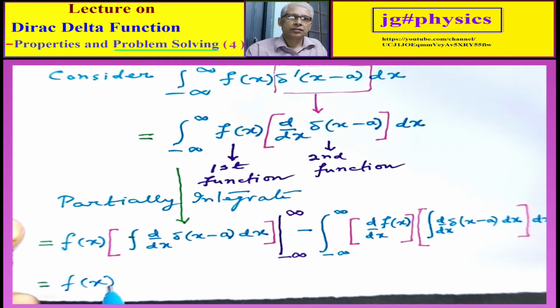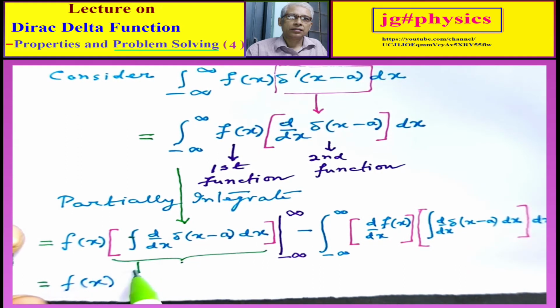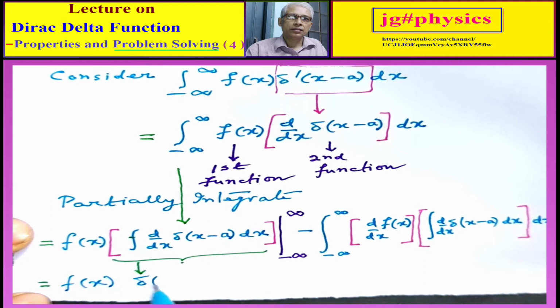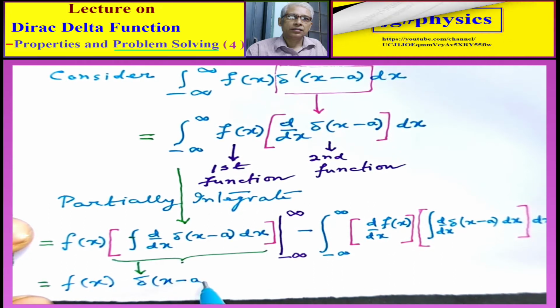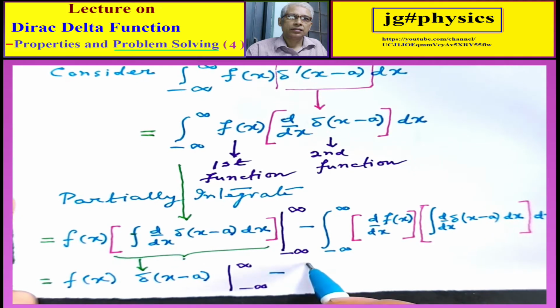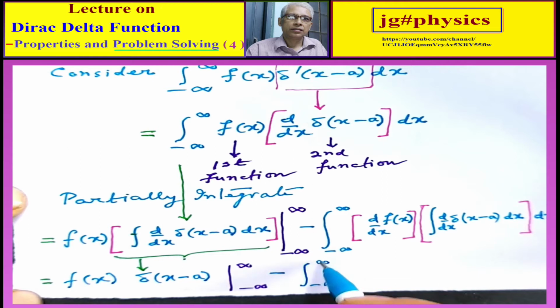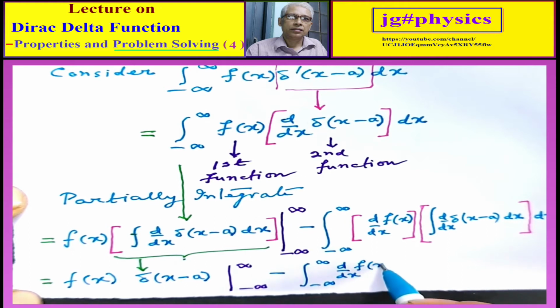Now integration over the second function gives Dirac delta of x minus a, because integration and differentiation are inverse of each other. So ddx goes away. The same happens in the second term also.